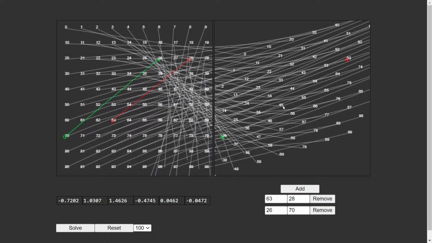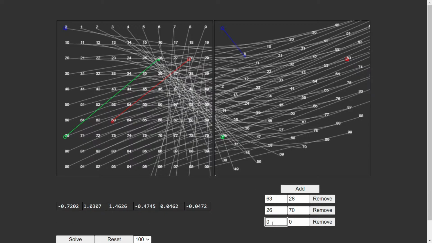And so maybe if we take one of those things kind of on the line, and then for the third training point, we say we don't want it on the line, will that make it unsolvable? That's the hypothesis. So we're gonna say 45, which is kind of on the line. Let's map 45 to 0, assuming my user interface works. So we want to map 45 to 0. That's our third training point.